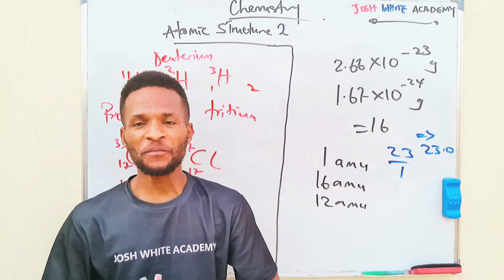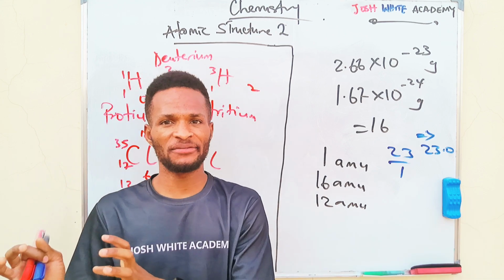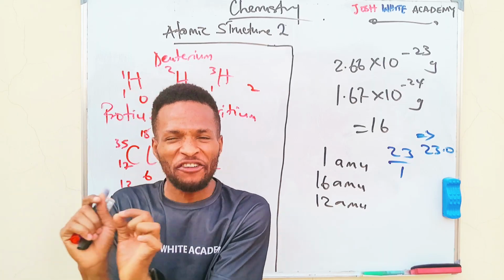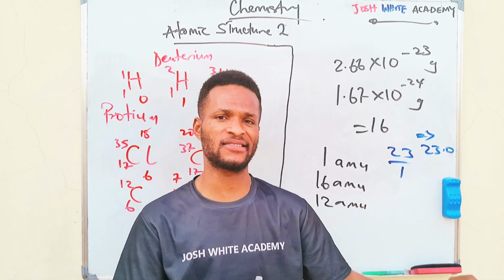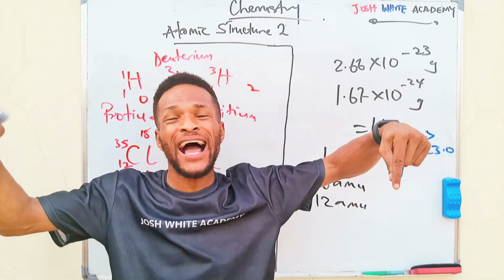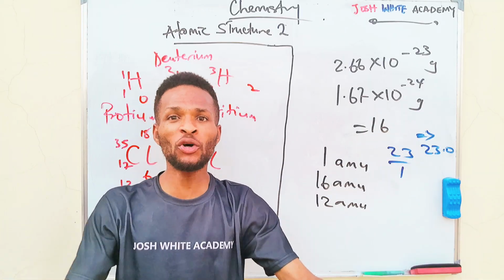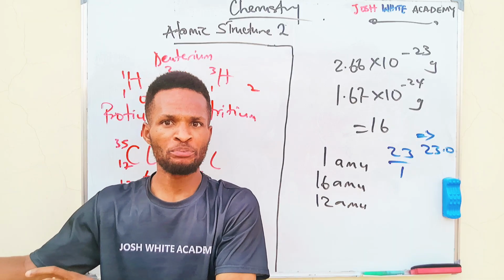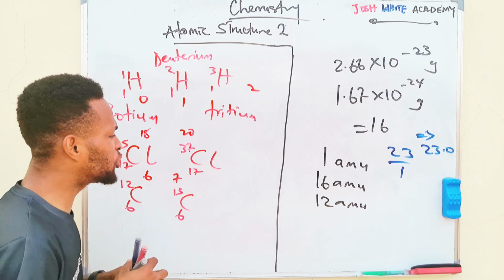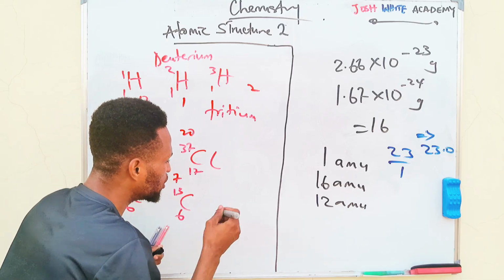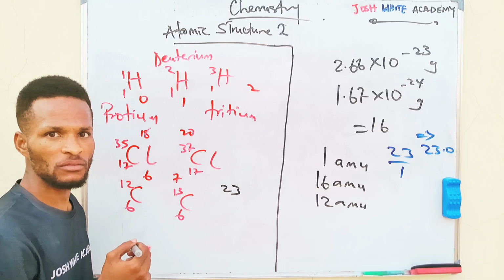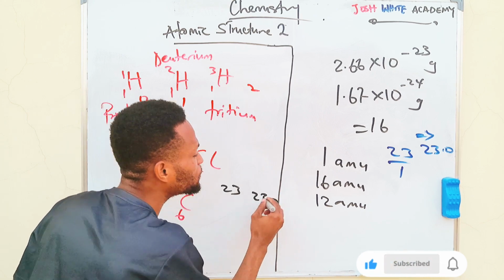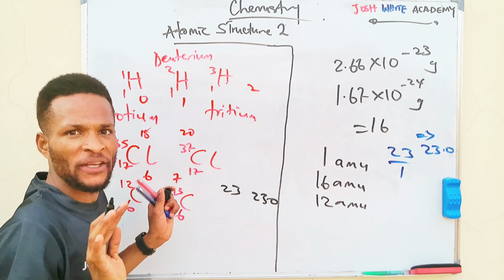If you take note, for most elements, their mass number is slightly different from their relative atomic mass because those elements undergo isotopy, so they exist in more than one form. But the mass number of sodium is 23, and the relative atomic mass of sodium is also 23, because sodium does not undergo isotopy.